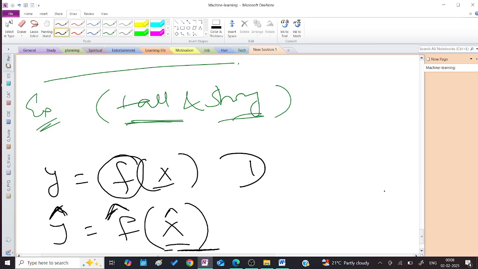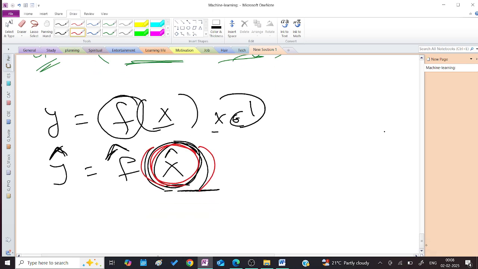Here x belongs to D, but this x hat is our non-labeled data, and we want to predict its output.